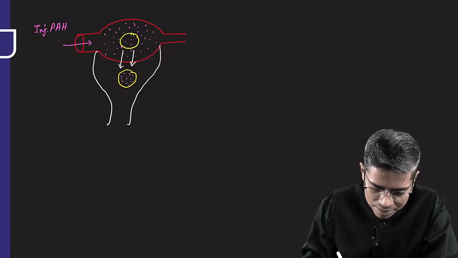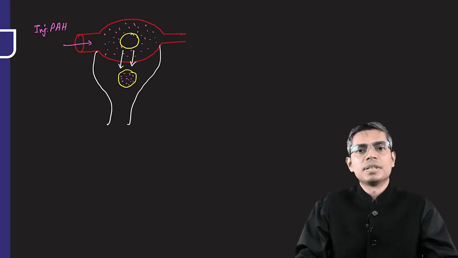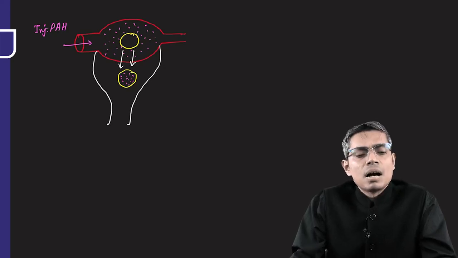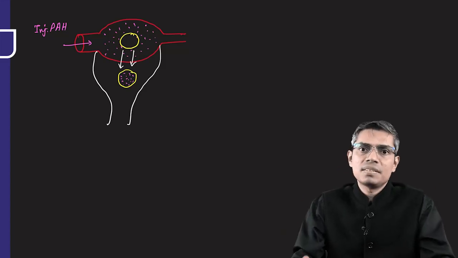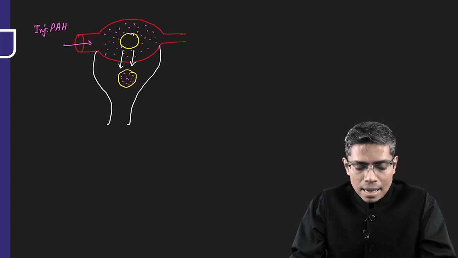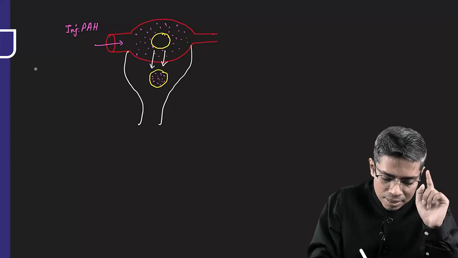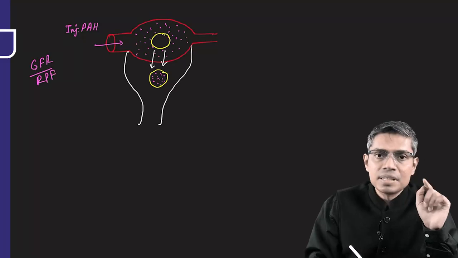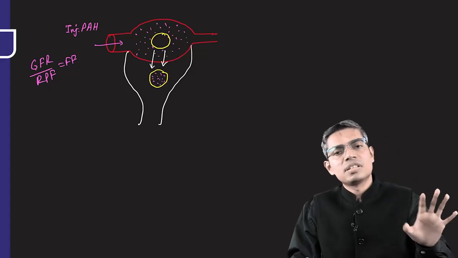This is the same concept that we discussed earlier. So there is clearing of plasma here. How much percentage of plasma is cleared at the level of filtration? That means, how much percentage of filtration is occurring from the total volume? That is 16 to 20%, and this is known as the filtration fraction. If you take GFR over renal plasma flow, this is the filtration fraction, which I told you is 16 to 20%.